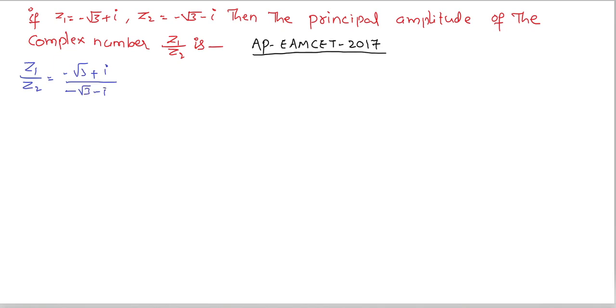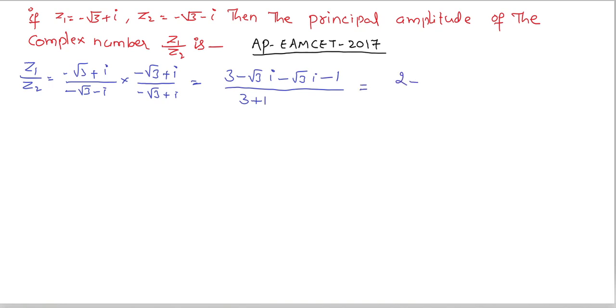So taking rationalization, multiply by minus root 3 plus i by minus root 3 plus i, which is minus root 3 into minus root 3 is 3, minus root 3i, minus root 3i plus i square, that is minus 1, by a plus b into a minus b, a square minus b square, that is minus root 3 whole square is 3 minus i square, that is plus 1, equal to 3 minus 1, 2 minus 2 root 3i by 4, that is equal to 2 by 4 minus 2 root 3 by 4 i, equal to 1 by 2 minus root 3 by 2 into i.